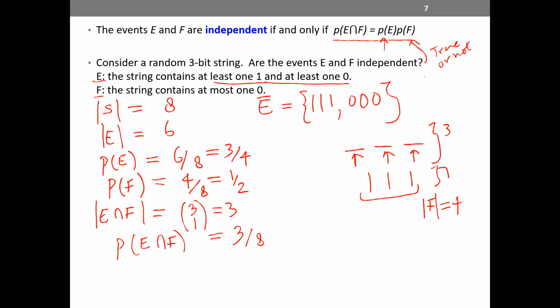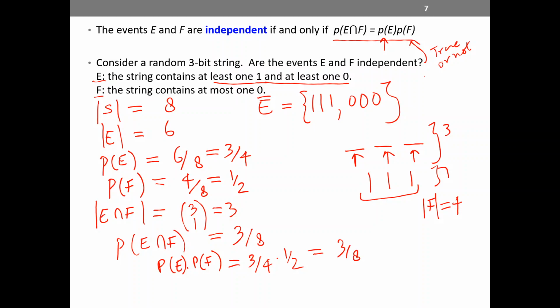So let me determine the probability of E times the probability of F. That's 3 over 4 times 1 over 2, which is 3 over 8.